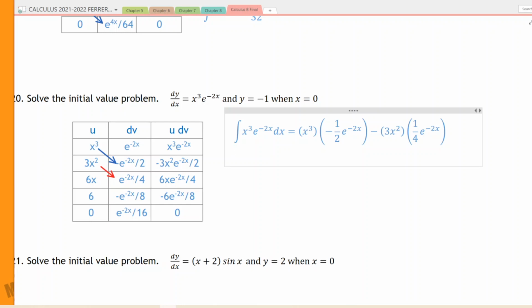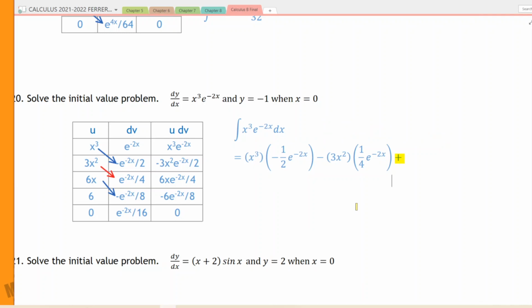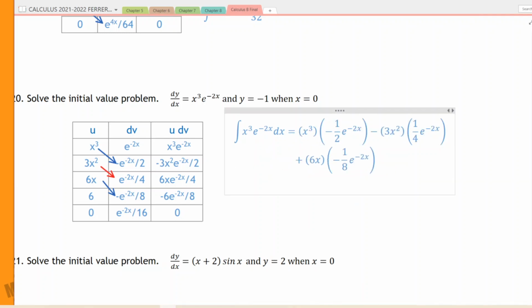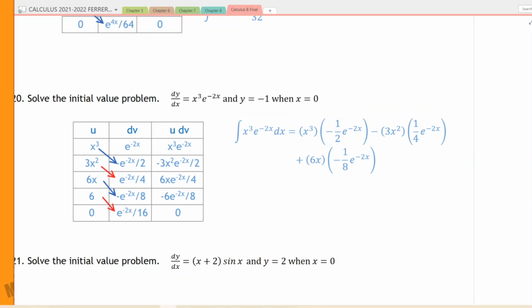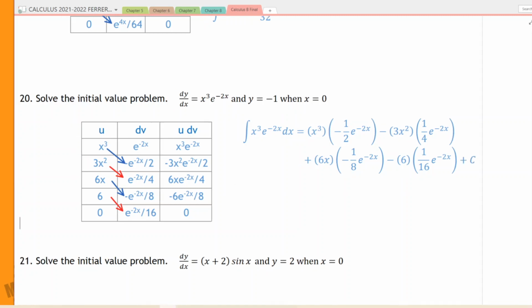Then we're going to add the next diagonal. And then we'll subtract the very last diagonal. And since the next line is going to be a 0, we'll add our constant now. Okay, wow, this is quite a thing to behold.